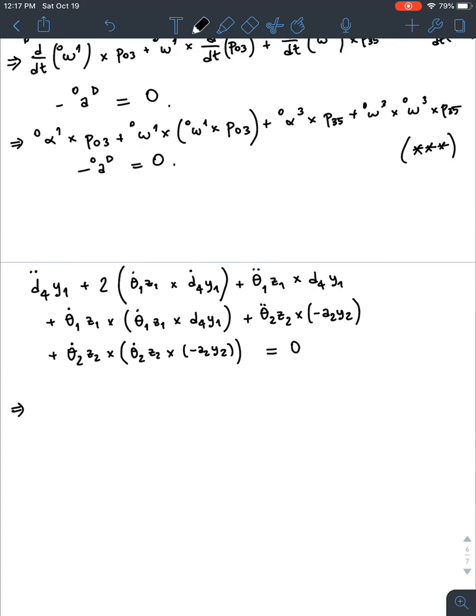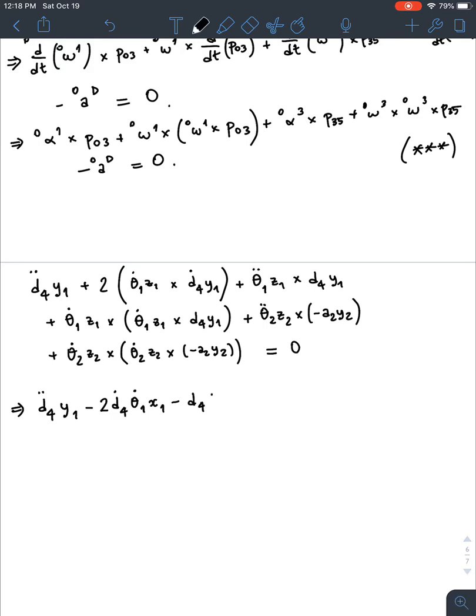Okay, let's keep on working at this. d4 double dot y1 plus, so I'm going to do this cross product. I need to do the cross product of z1 and y1, which gives me negative x1, if you recall. So this is going to be negative 2 times d4 dot theta 1 dot in the x1 direction, plus this cross product right there, that's going to be z1 cross y1 again, which means that I need a negative rather than plus.